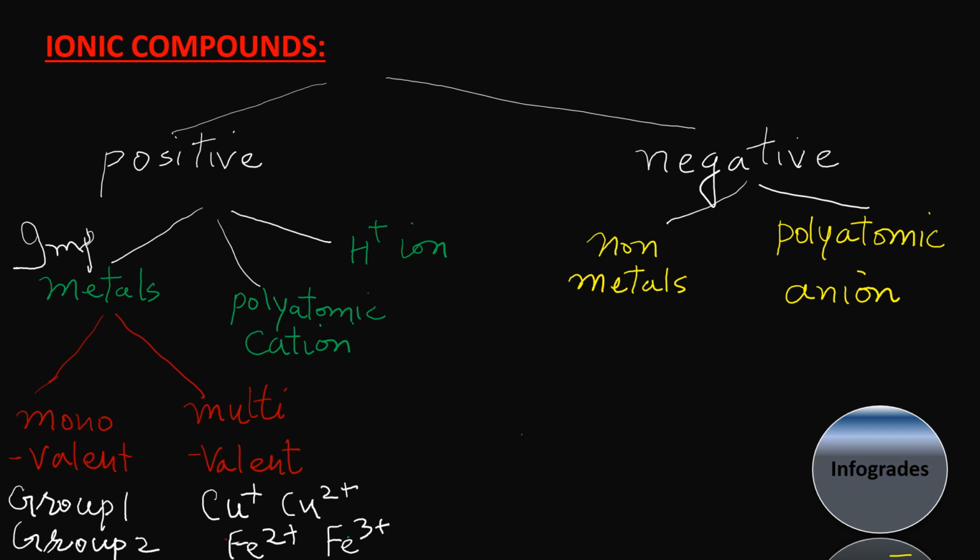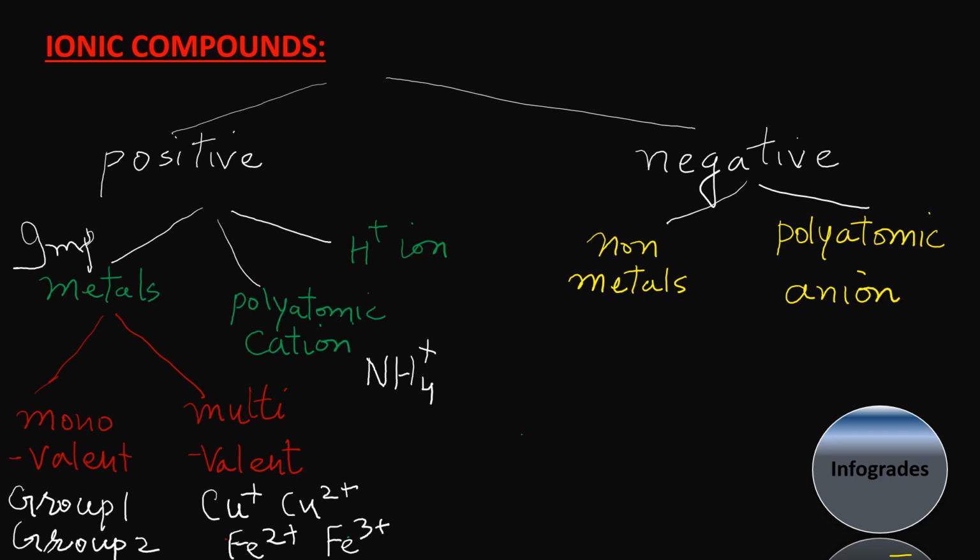Polyatomic ions are groups of atoms bearing a charge. We only have one positively charged polyatomic ion, and that is the ammonium ion. We don't have any other polyatomic cation that you will be using in ionic compounds. So if the ammonium ion is present, it is definitely an ionic compound.